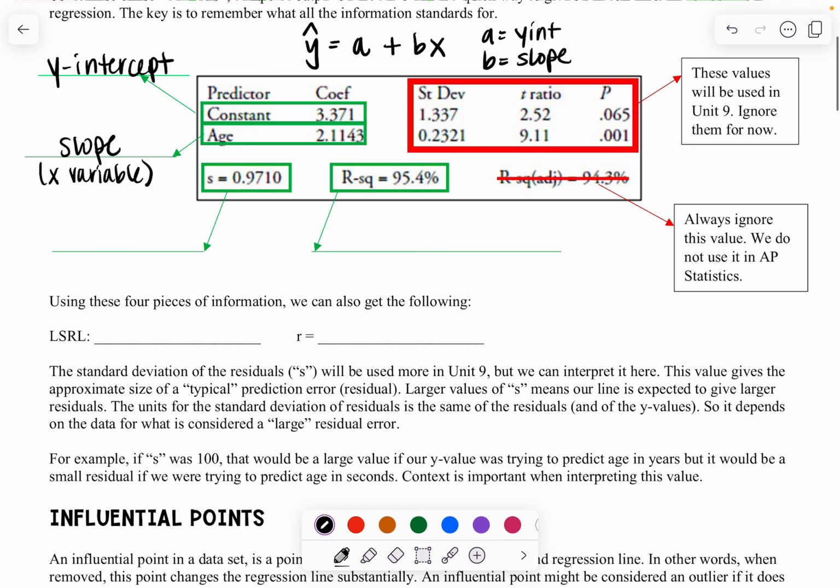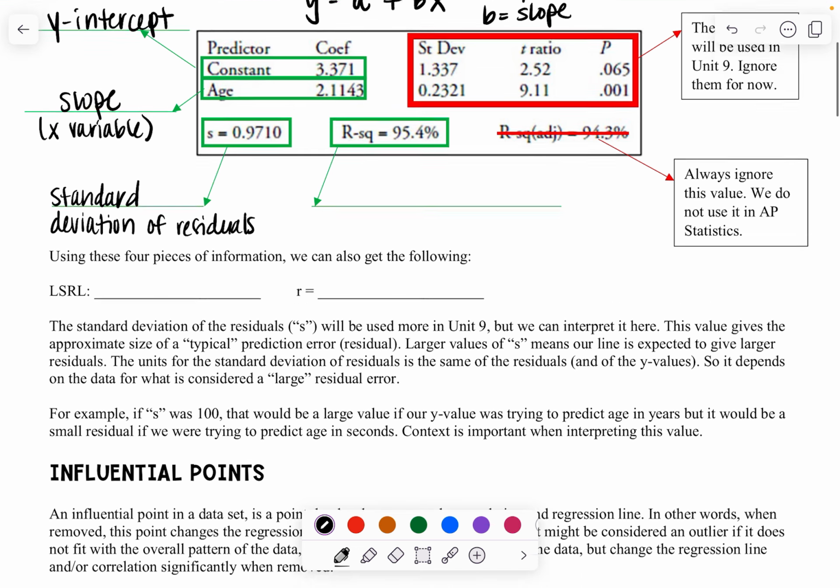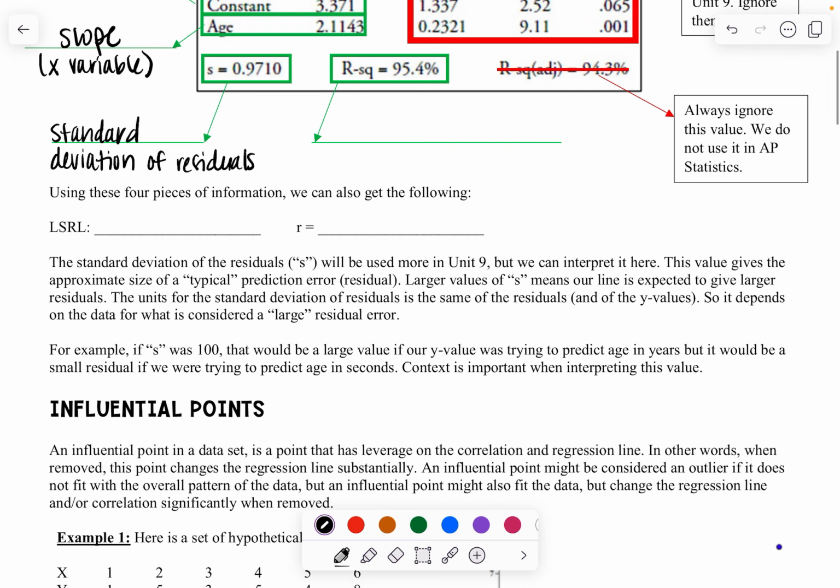Now, underneath that, you should typically see the standard deviation of residuals. And this is one of those things where if they don't ask about it, you don't talk about it. Just to highlight what that means for this particular situation, standard deviation of residuals is the approximate size of a typical prediction error.